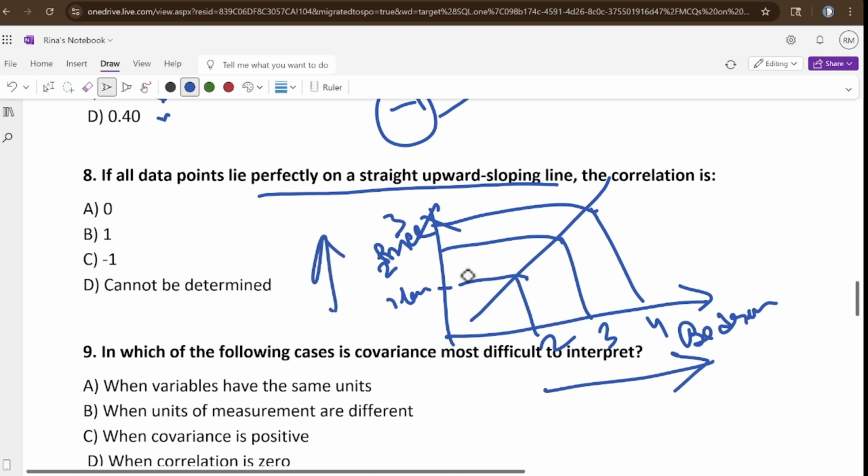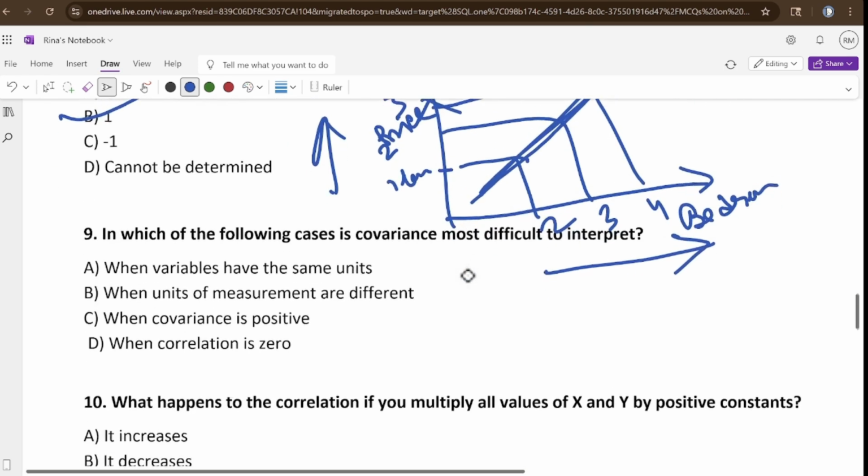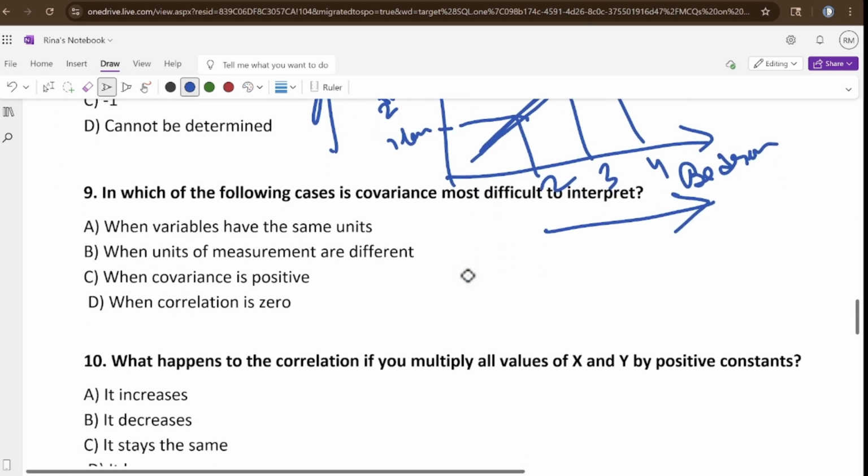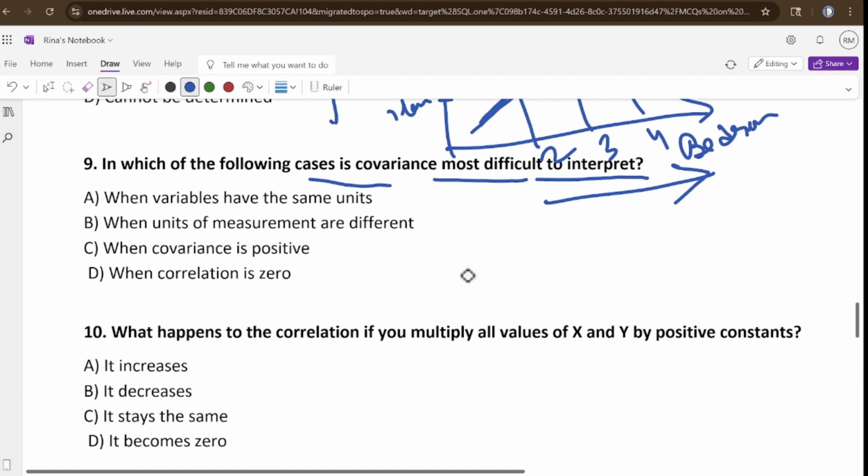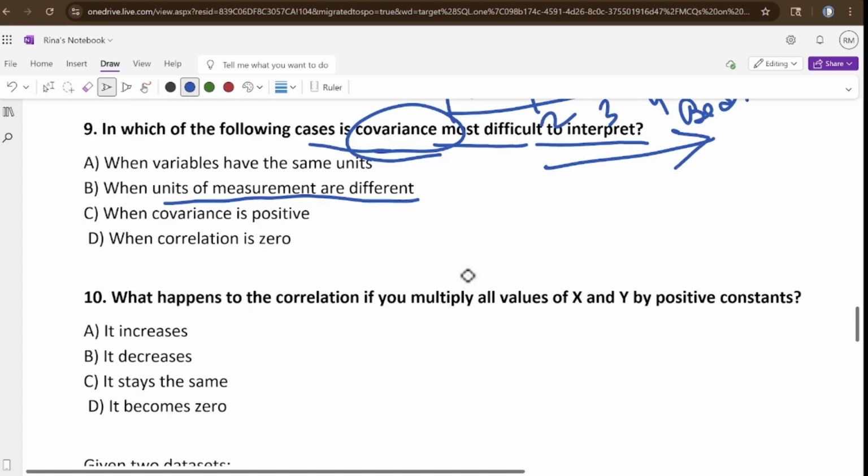So you can easily say they are strongly correlated. So we can say this is 1, positively strongly correlated. In which of the following cases is covariance most difficult to interpret? Covariance is difficult to interpret when units of measurement are different.